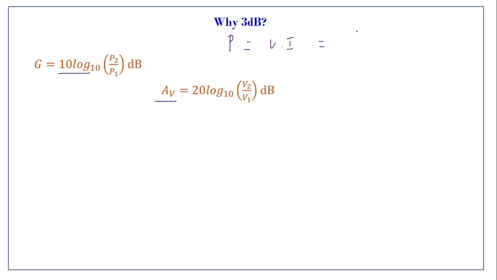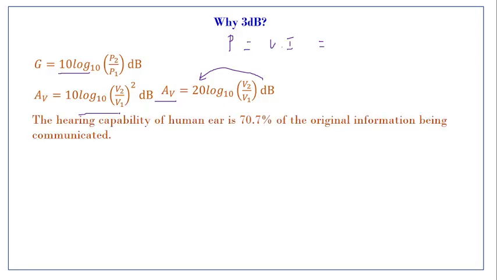If I write V square by R, that is V2 by R2 whole square by V1 by R1 whole square, and if R1 and R2 are the same, I can write it as V2 by V1 whole square. So if I take the power value and multiply by the prefix 10, it will become 20 log to the base 10 of V2 by V1 in dB. So here we have given the explanation for that also.